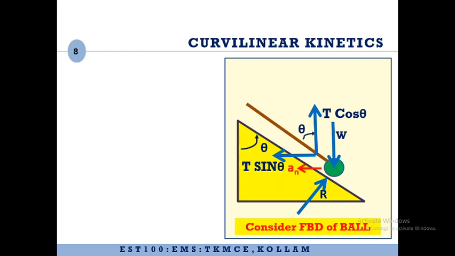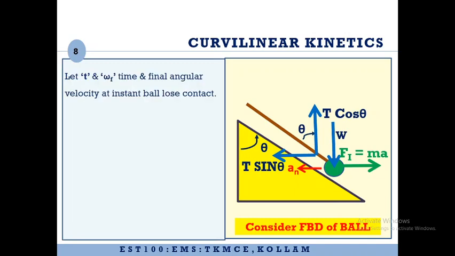Now the ball is undergoing a uniform circular motion, therefore it is having a net normal acceleration towards the center. Therefore inertial force will be acting opposite to that, Fi equals ma. Now if we consider dynamic equilibrium, let t and omega f be the time and final angular velocity at the instant the ball loses contact.